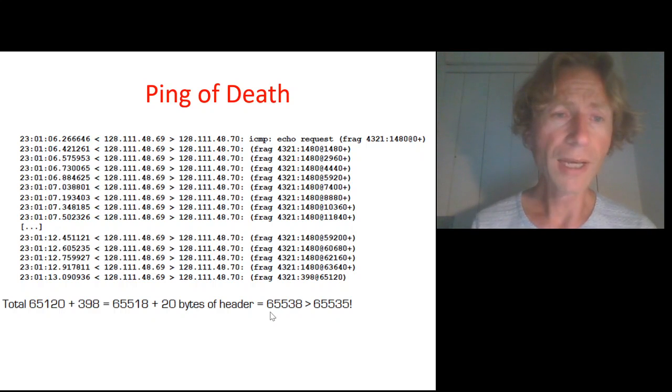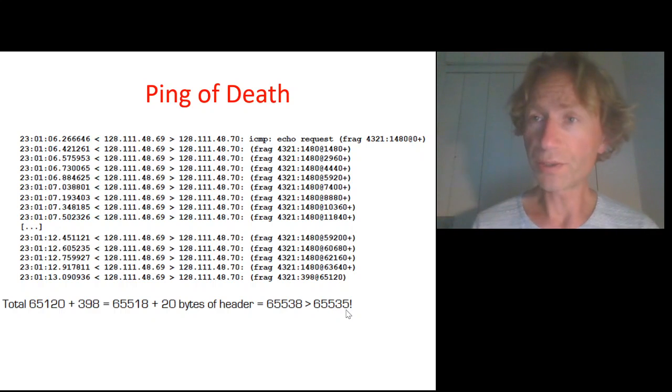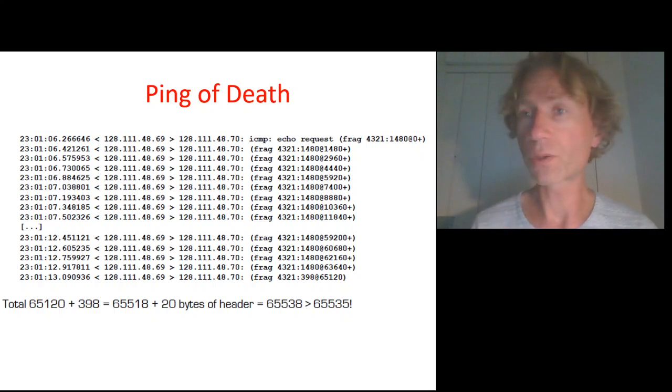So we arrive at a size of 65,538, which is larger than the maximum allowed IP datagram. Hence, if you only allocate this much buffer space, it will not fit, and you will actually corrupt something. In this case, it caused a panic.